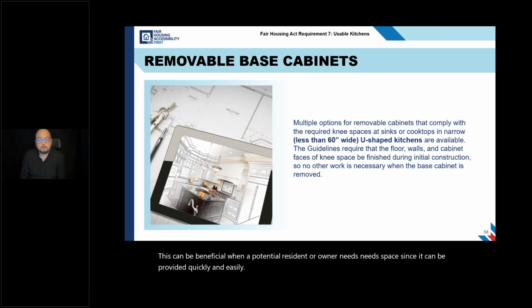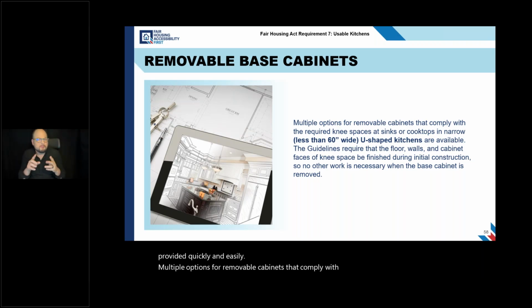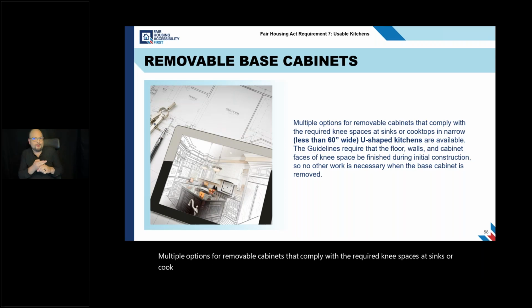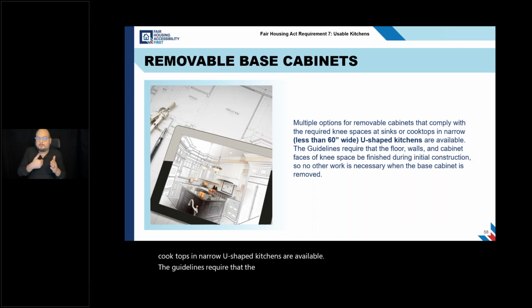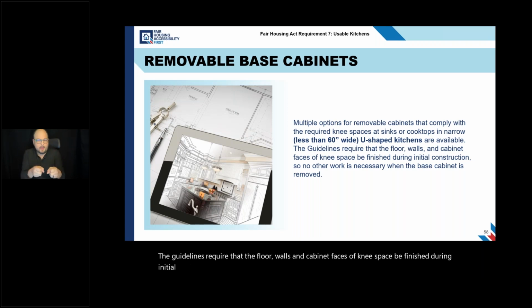Multiple options for removable cabinets that comply with the required knee spaces at sinks or cooktops in narrow U-shaped kitchens are available. The guidelines require that the floor, walls, and cabinet faces of knee space be finished during initial construction, so no other work is necessary when the base cabinet is removed.